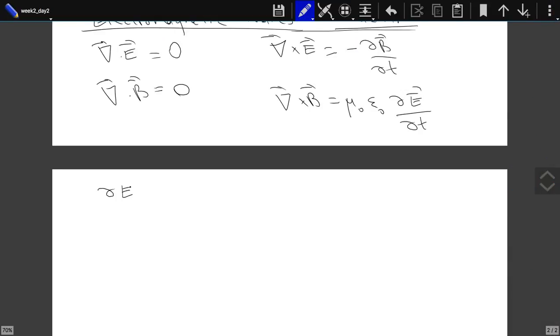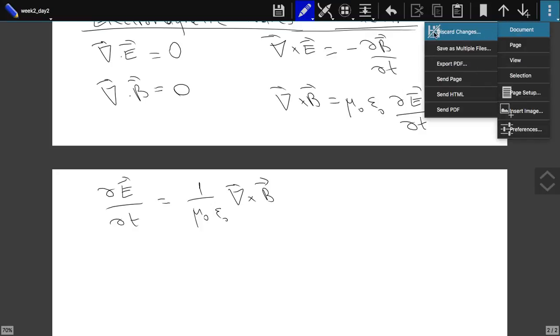Well, the first derivative of the electric field with respect to time is, well, that's our last equation on the second line: 1 over mu 0 epsilon 0, curl of B.